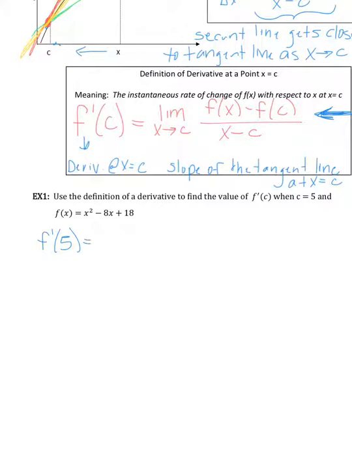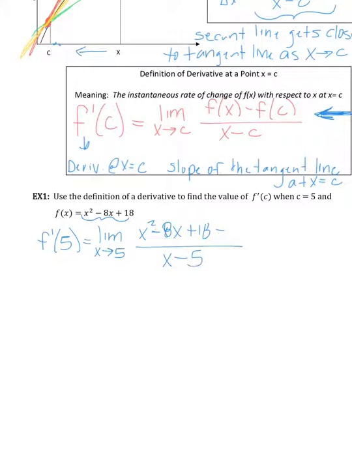So f prime of 5 is going to be the limit as x approaches 5 of f of x. Now what is f of x? I have x squared minus 8x plus 18, minus f of 5, all over x minus 5.